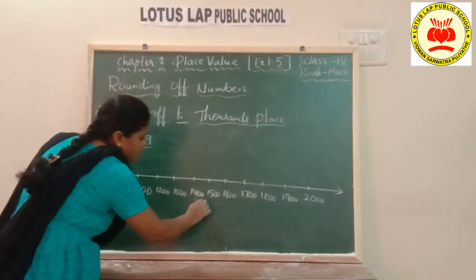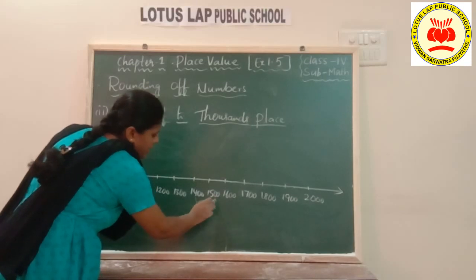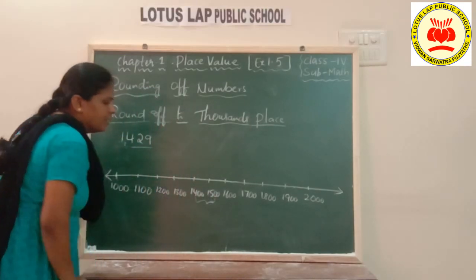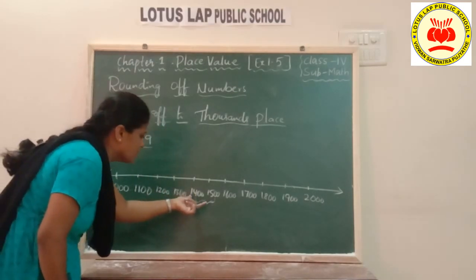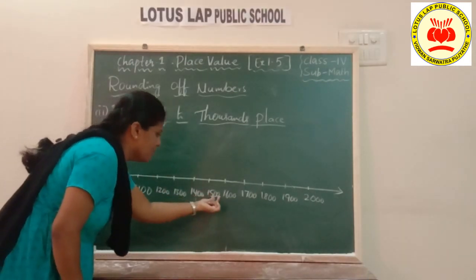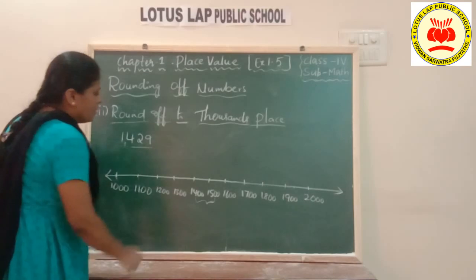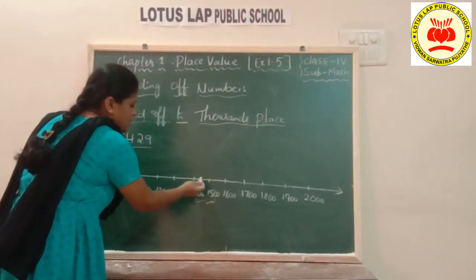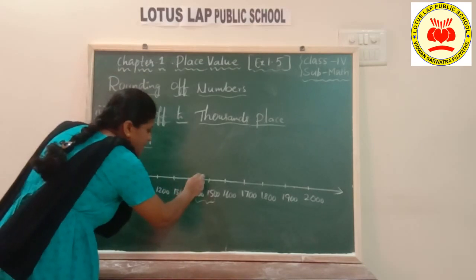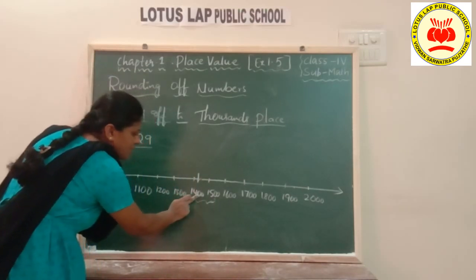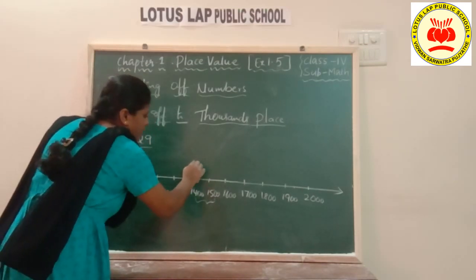So these are the two numbers between which our number lies. So 1429 lies between 1400 and 1500. Okay. So now where does it lie? Is it closer to this extreme or this extreme? 429 will be somewhere nearer to 1400.